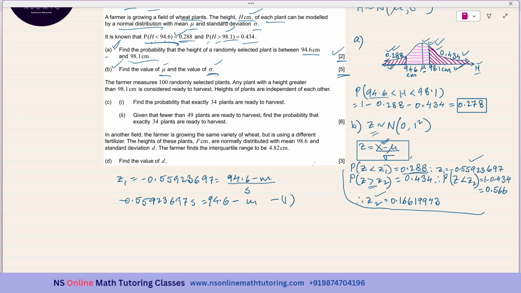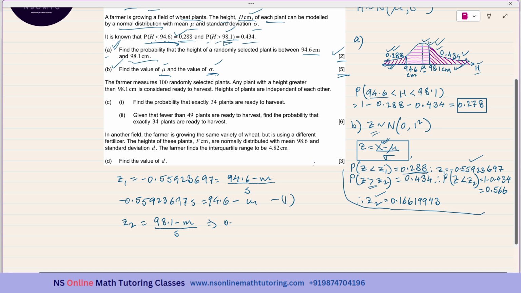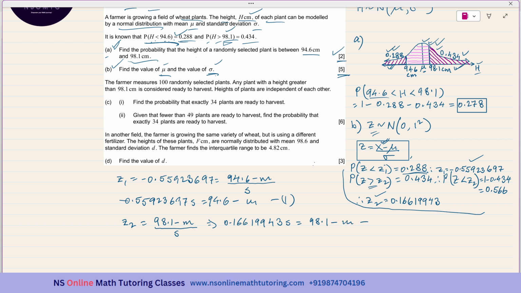And for the second equation, Z2, this is the greater than thing, greater than 98.1, it is 98.1 minus mu, which is M, divided by S. So this is equal to 0.16619943 S is equal to 98.1 minus M. This is the second equation.